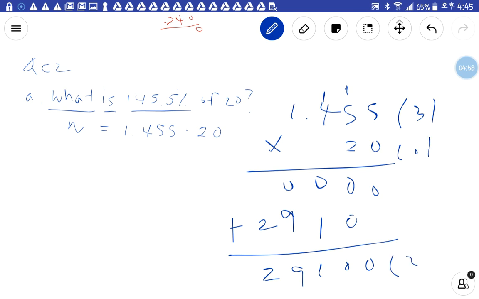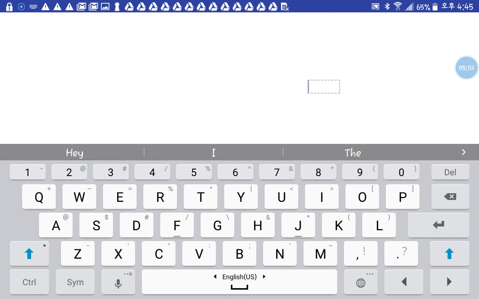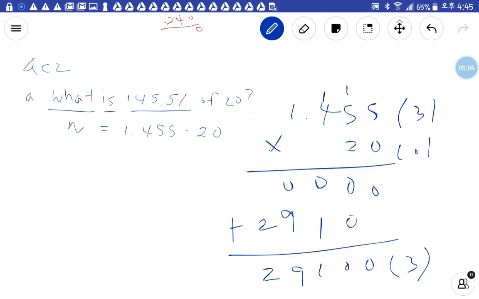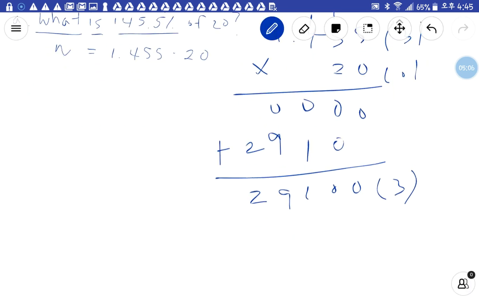You need to move 3, which is right here. My decimal point should be located here. Okay, so my answer, letter N, equals 29.1. Okay, that's my quick check 2A.